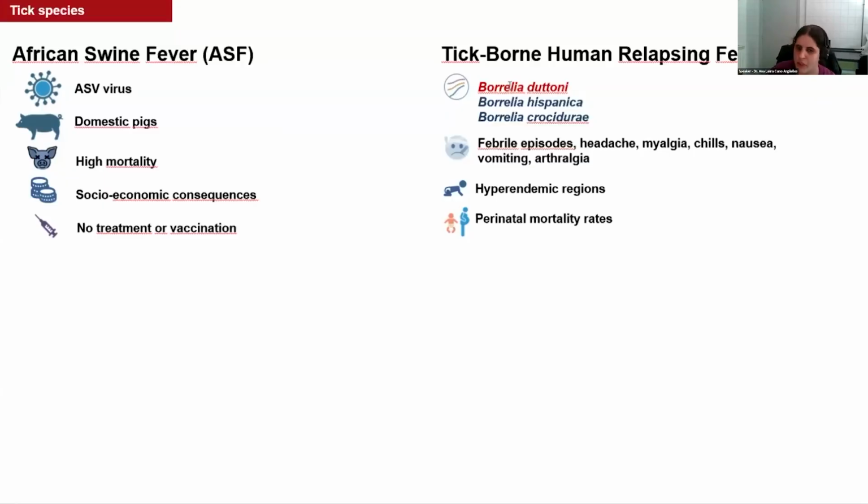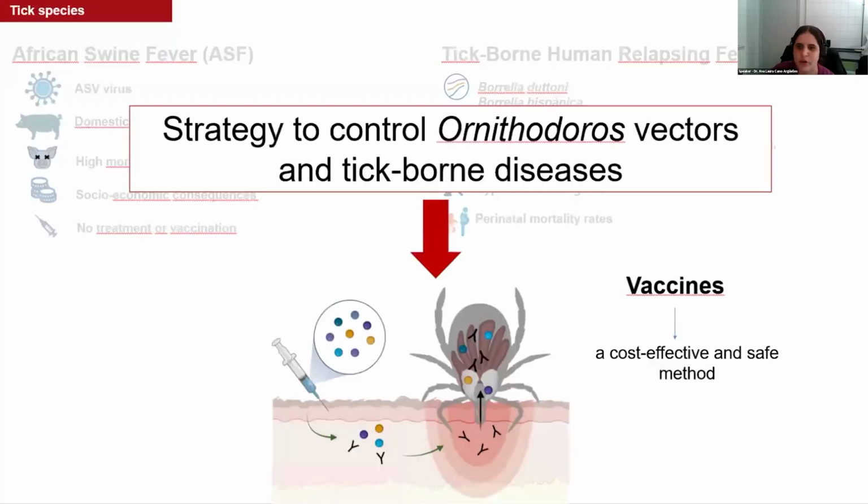In hyperendemic regions, in areas such as Africa, there's a high incidence in children under 1 year and also significant perinatal mortality rates. So any strategy to control these diseases must include control of these Ornithodoros vectors.